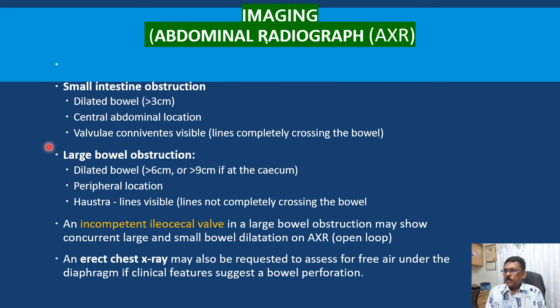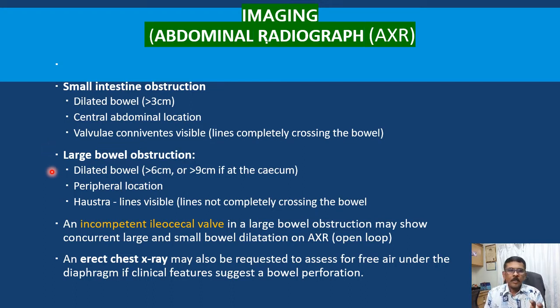In large bowel obstruction, you will see a dilated large bowel, which is usually considered dilated when more than 6 centimeters in diameter, and for the cecum it is 9 centimeters in diameter.